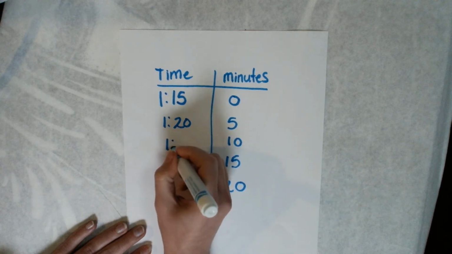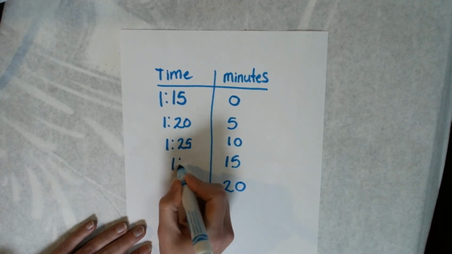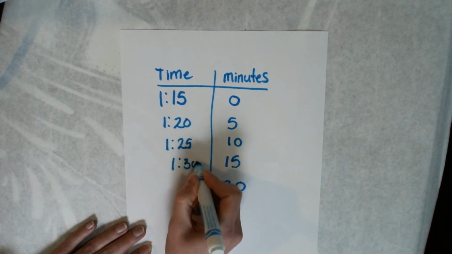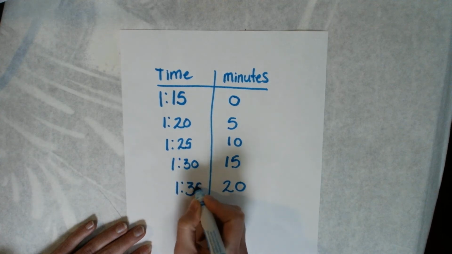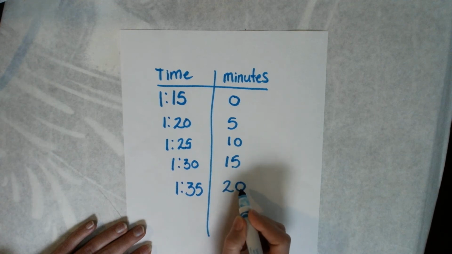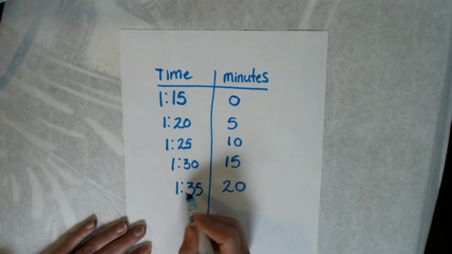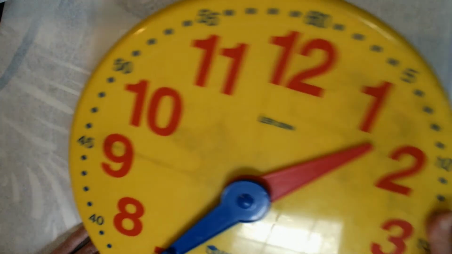That's 1:25. Then it'd be 1:30, and then it would be 1:35. And by the time we get to where we ended in our groups of minutes, that's going to be the ending time.